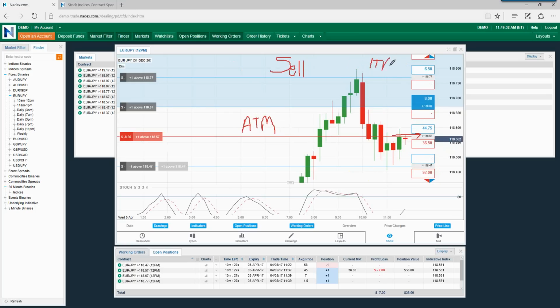Anything above price is in the money. So you've got at the money, in the money. Anything below would be out of the money, because price has not yet arrived at that strike. Does everybody understand the terms now?